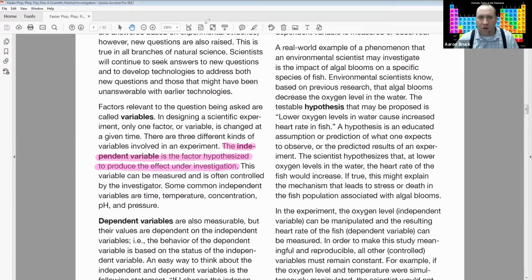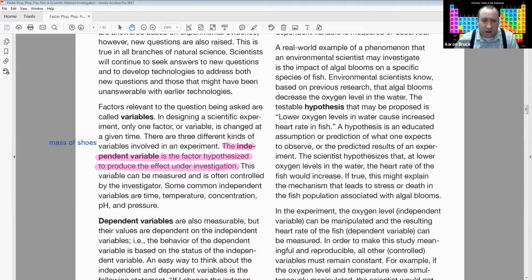And so going back to our example of shoes and running, we would be talking about the mass of the shoes as our independent variable in this case, because what our ultimate hypothesis was that the lighter the shoes were, the better that people were going to run, the faster that they were going to run.